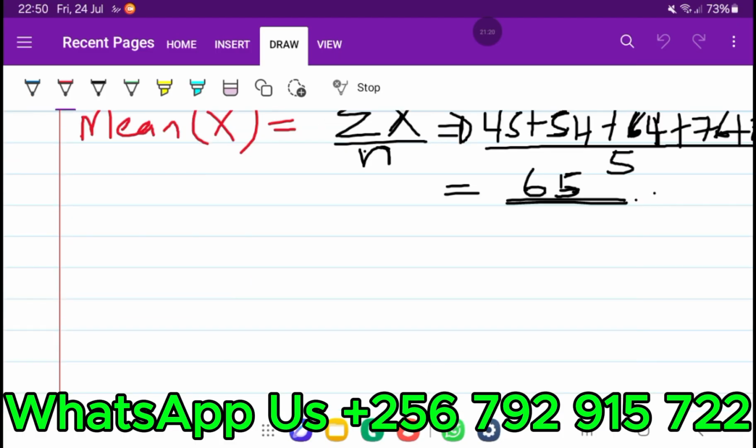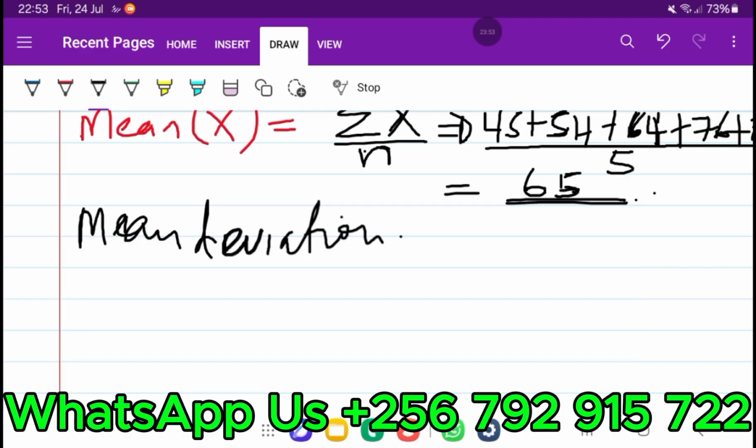So we get the mean deviation. But this same information can be arranged in a table. If you want, you can organize this information in a table.